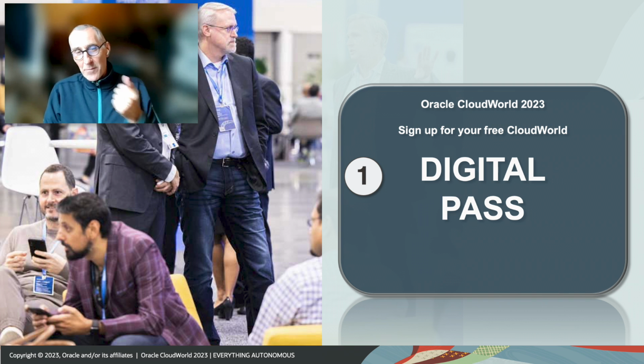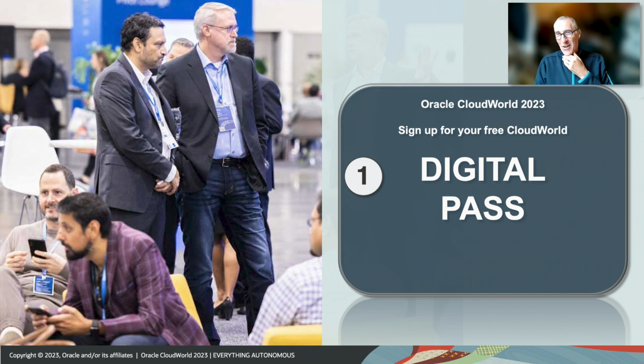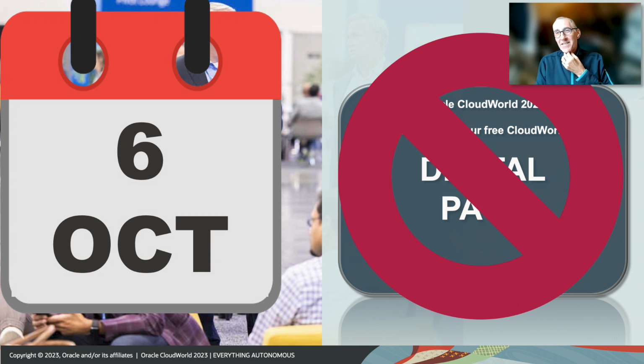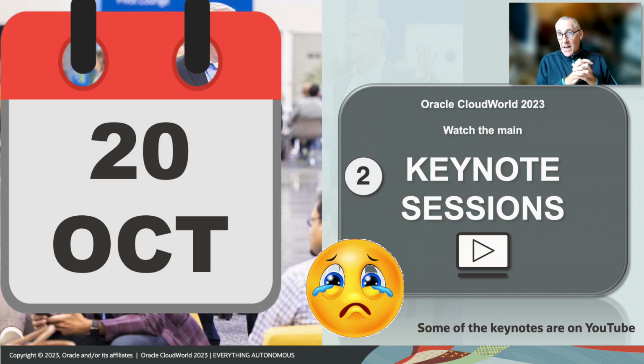What I hadn't realized for a lot of you was that if you hadn't signed up by the 6th of October, you couldn't get one. Quite a few people have pinged me to say they like the booklet, but a lot of the content's now gone and they can't get access to it. And just to warn you, for those of you that have got the passes, on the 20th of October, I'm told that portal is going to close.